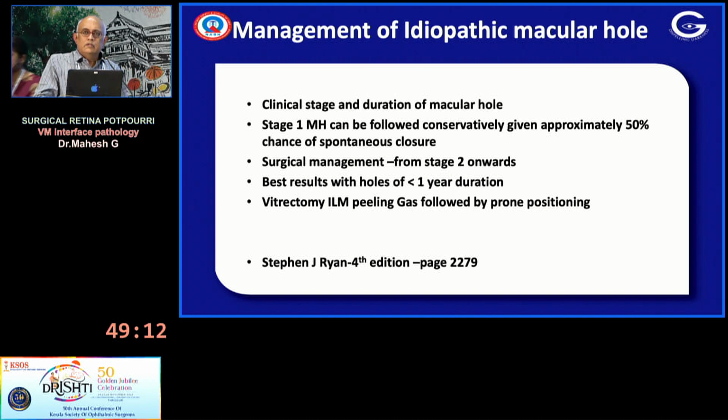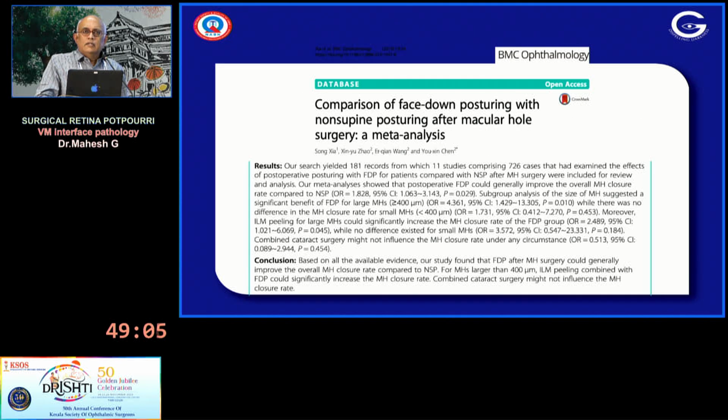The treatment for macular hole is now standard across the world: vitrectomy, internal limiting membrane peeling with gas, and extra procedures depending on the size of the hole. There were some initial controversies about whether prone positioning is needed, but the Cochrane database meta-analysis shows that prone positioning in the initial few days, 2 or 3 days or 4 or 5 days maximum, is helpful in closure of the hole.